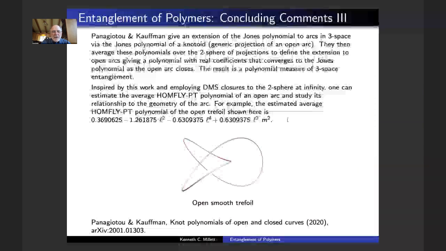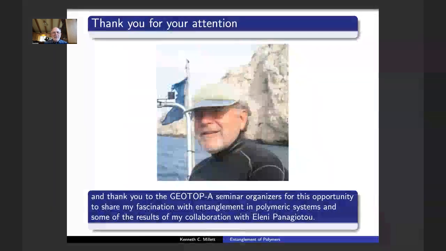They're exploiting their ability to do this for knotoids and then integrate over all possible knotoids by directions of projection to a plane and so on. But anyway, the purpose here is to say thank you to Eleni for sharing her slides, and here is her most recent paper that I know of, on the archive. So thank you very much.